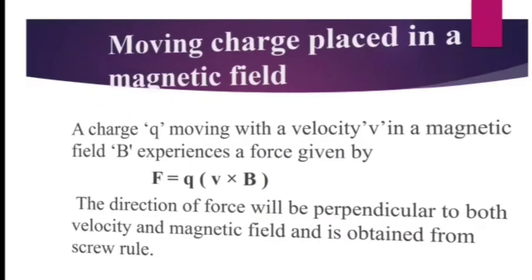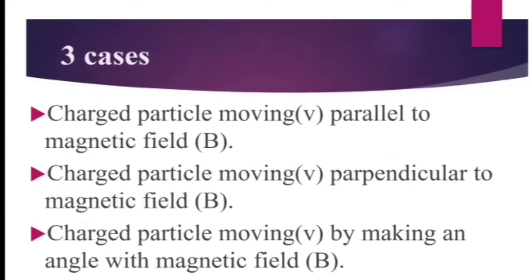Now we are going to understand when a charge experiences this magnetic force, what change happens to its motion. We can list out this topic into three cases. First one, our charged particle is moving parallel to the magnetic field.